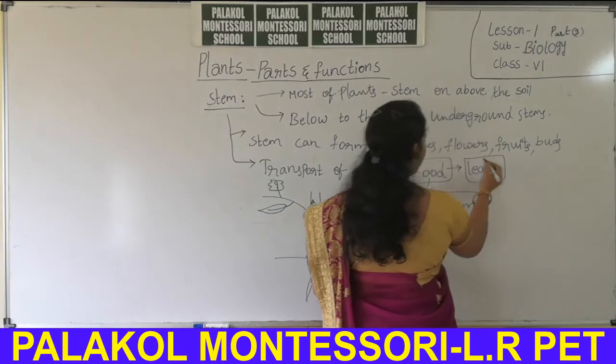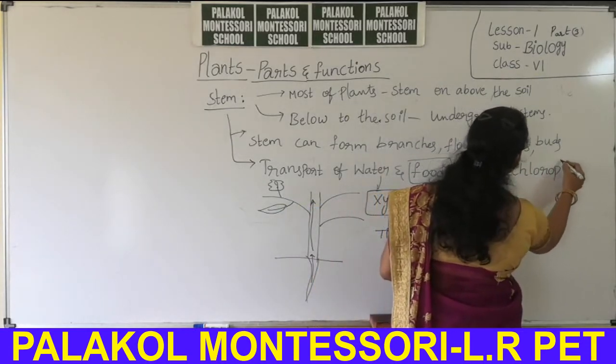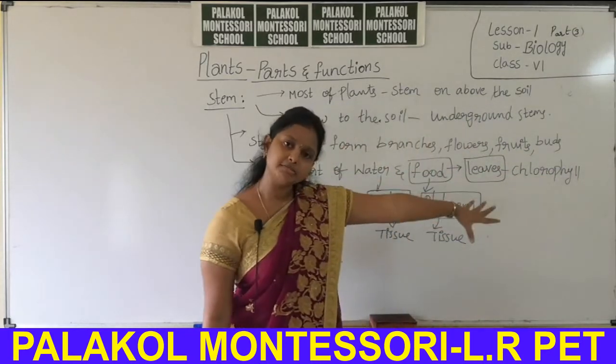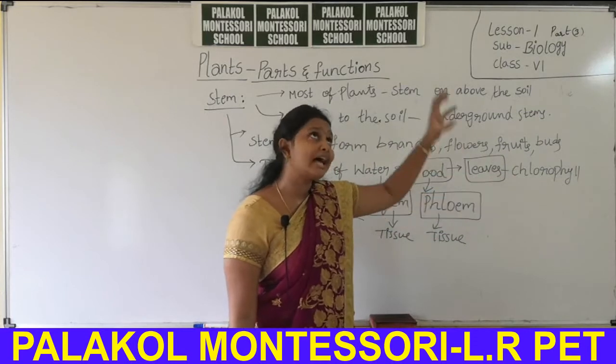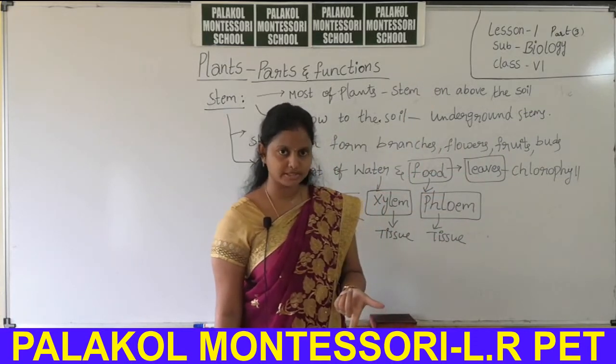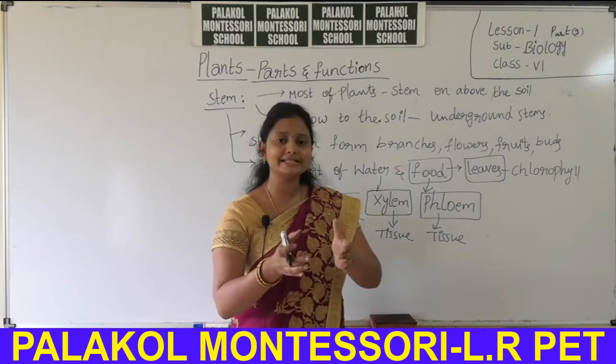Because leaves have chlorophyll pigment. I already told you about it. This chlorophyll pigment traps the sunlight and it can do the photosynthesis process. After completion of photosynthesis, food is present.